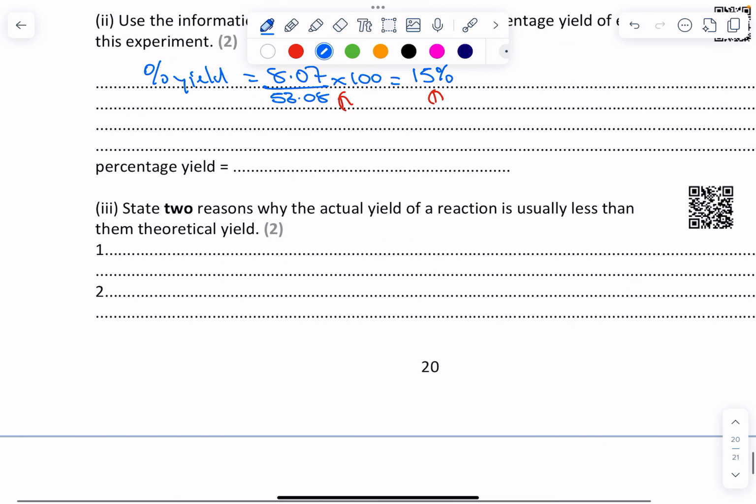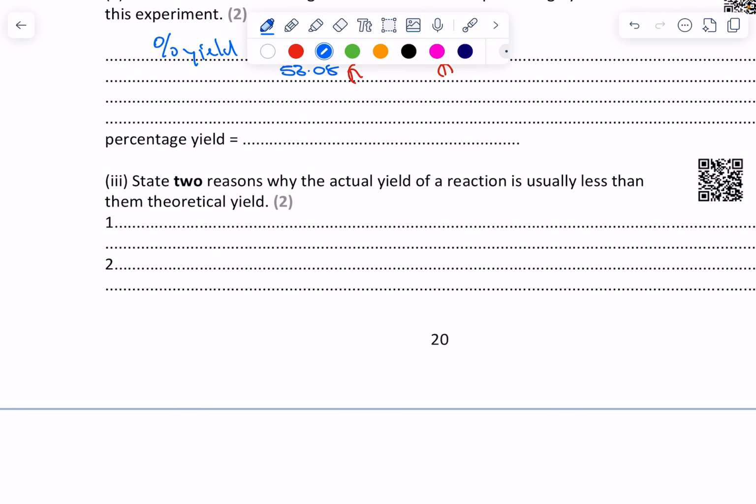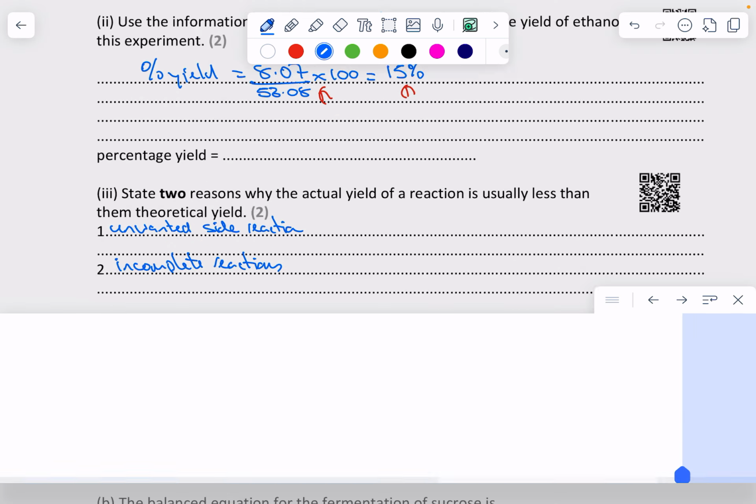Give 2 reasons why it's less than 100%. So it's less than 100% because you can get unwanted side reactions, so they can take place. You can get incomplete reactions, so not all the chemicals react fully. You only need 2, so there's 2.